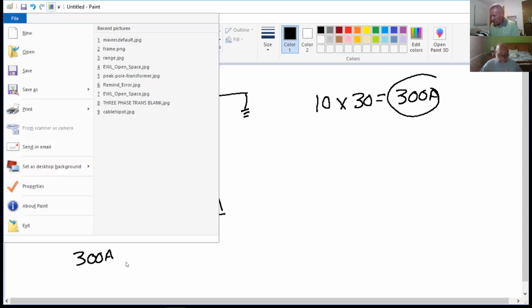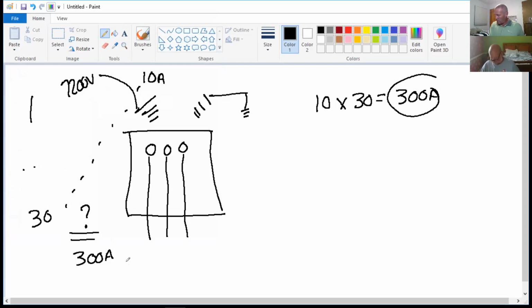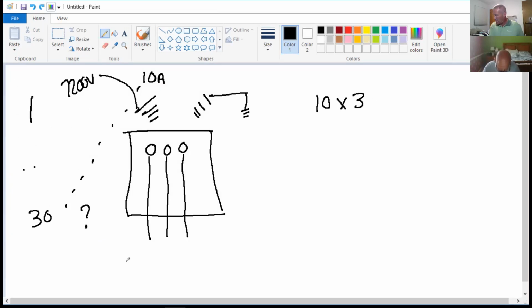Let me see if I can just go backwards in this control. If I have an amp value on the secondary side and I'm looking for an amp value on the primary side, now all I need to do is divide.